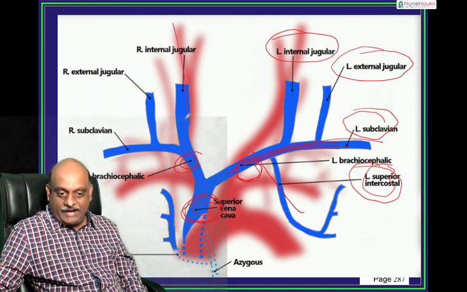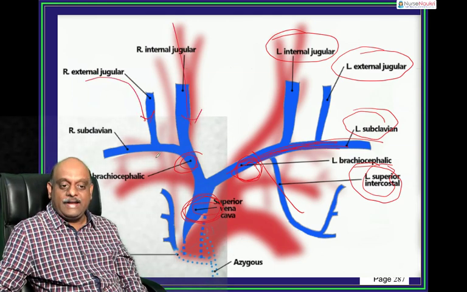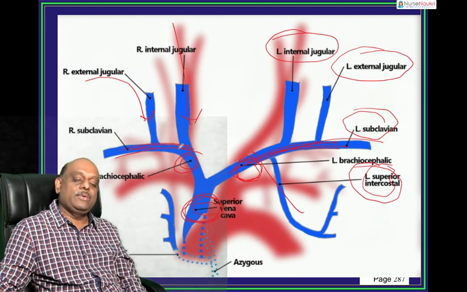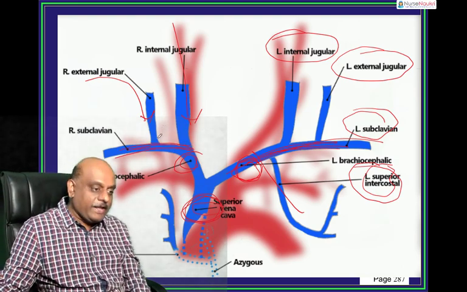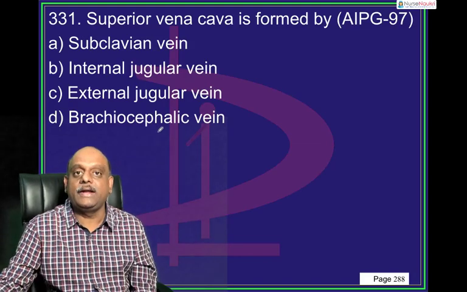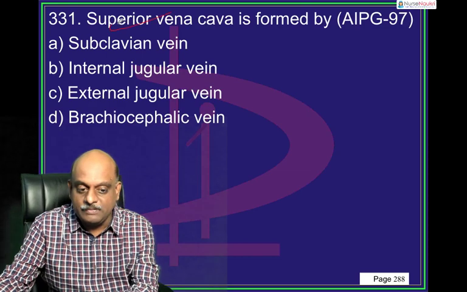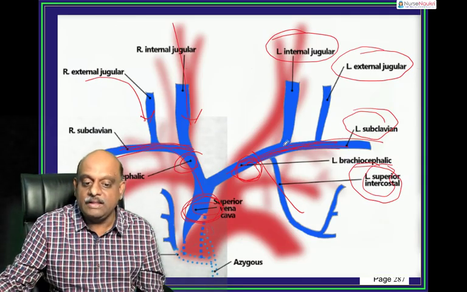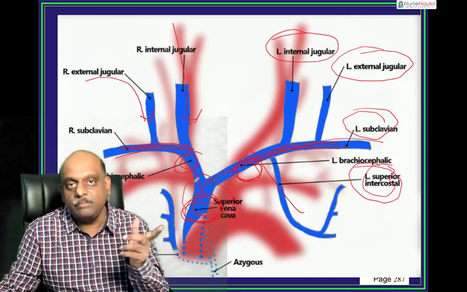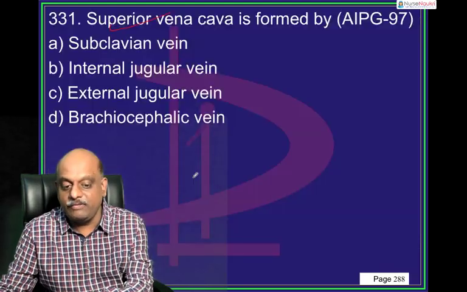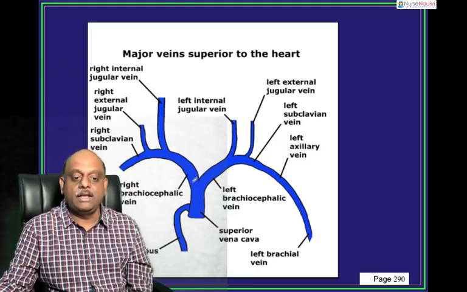Then this right internal jugular and right external jugular, they are also draining into the right subclavian vein is what I want to underscore. So how is the superior vena cava formed? It is formed from the brachiocephalic veins are merging to form the superior vena cava is what you should remember.